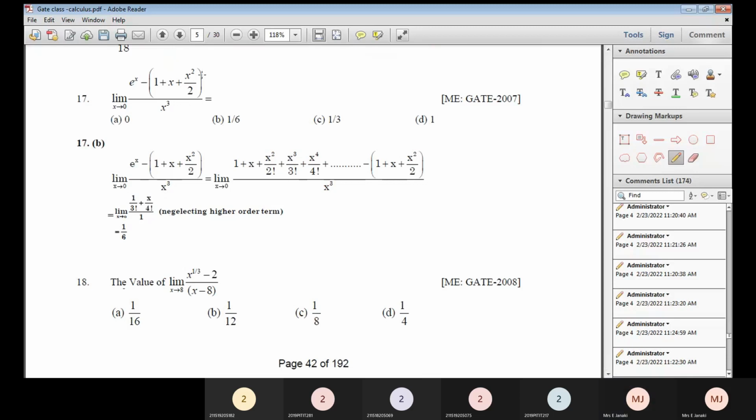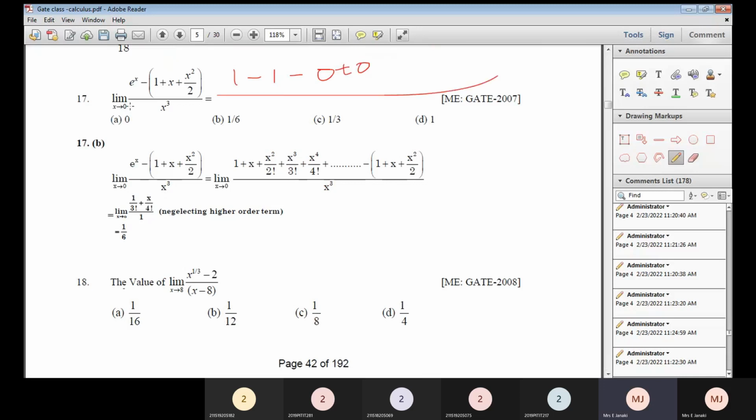If you are substituting x tends to 0 directly, e power 0 becomes 1. And then minus 1, and after substituting x tends to 0, this is minus 0. And 0 by anything is 0.